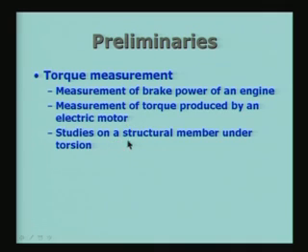Or studies on a structural member which undergoes torsion. So torque measurement is required when you have a system where some structural member is undergoing torsion, like for example a shaft of an engine itself. The shaft of an engine is going to be transmitting power, and during this process it is going to undergo torsion, and we would like to find out whether the torsional stresses set up in the shaft are below the allowable stresses for that material, or how to characterize that.